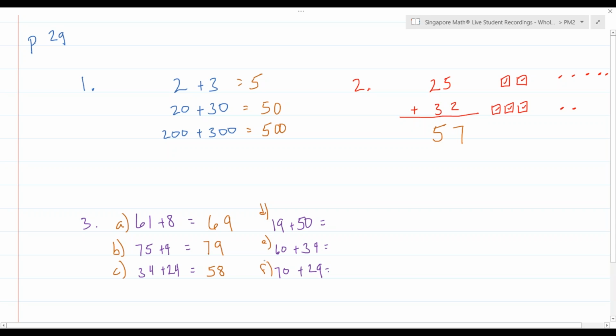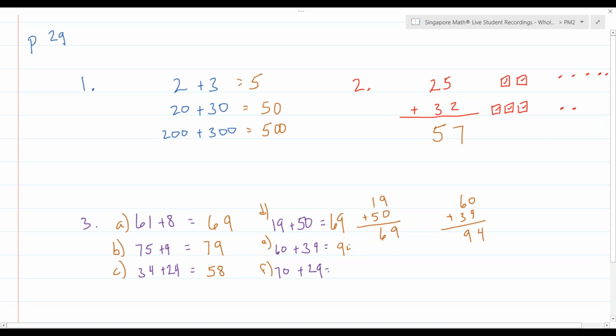Now, for these last 3, I'm going to rewrite them the other way. 19 plus 50. Again, when we do it up and down like this, we usually start on the right side. Altogether, I have 9 ones and 6 tens. So the answer is 69. If I do 60 add 34, altogether I have 4 ones and 9 tens.